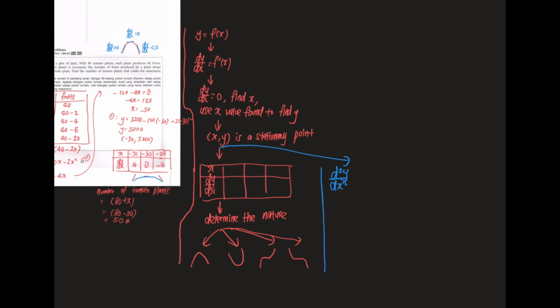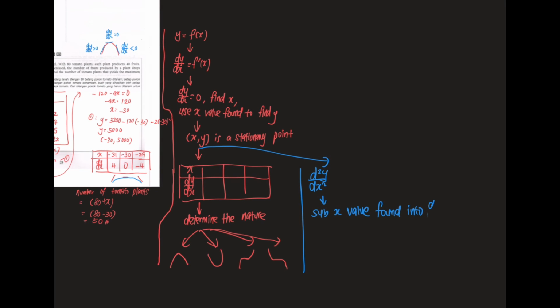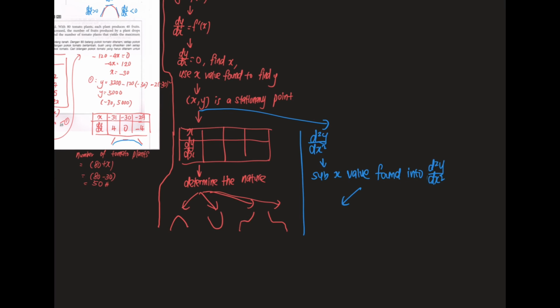When you do the second derivative, after you differentiate it 2 times, you substitute the x value found into d2y/dx2, the second derivative. Then we have a few situations.